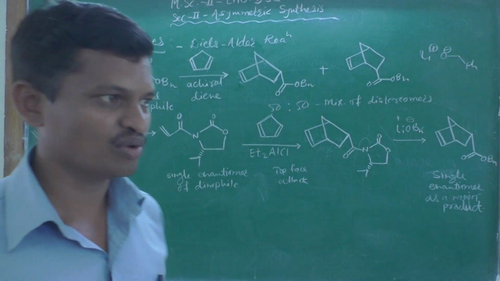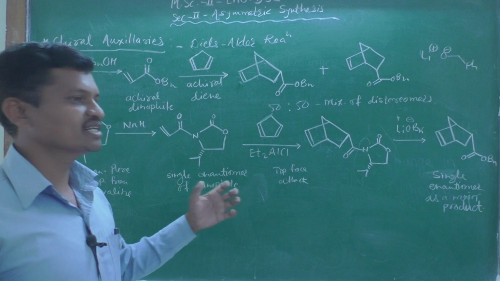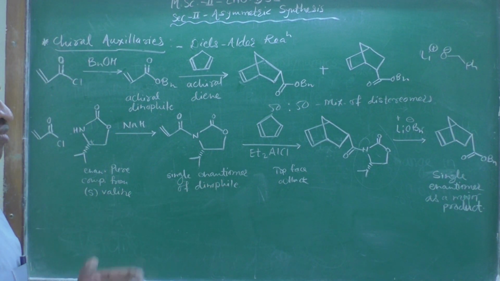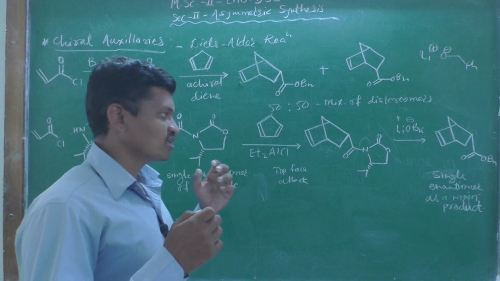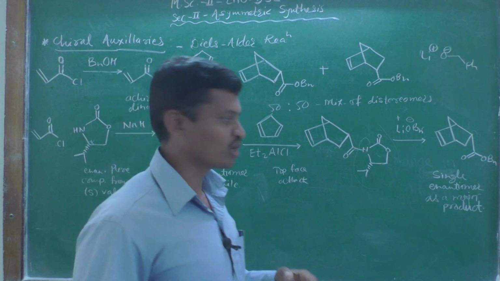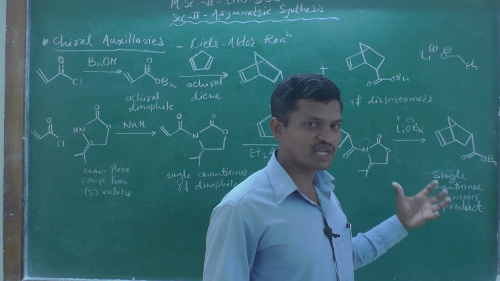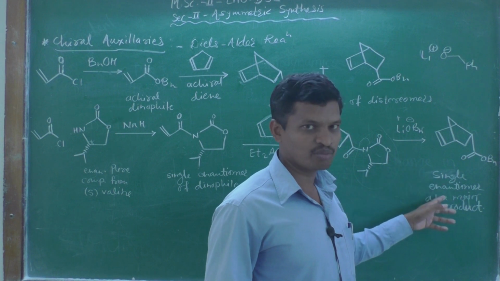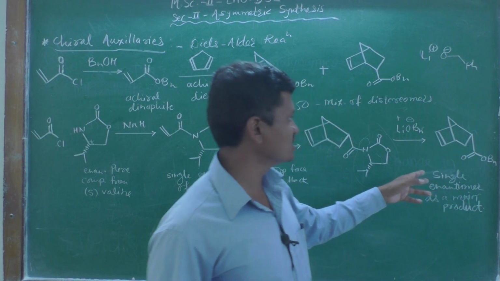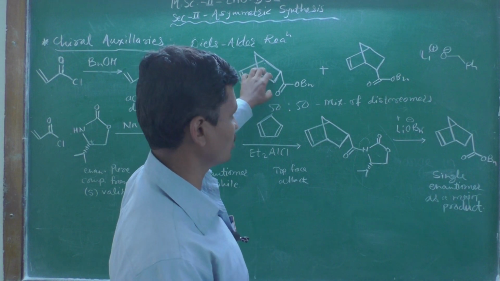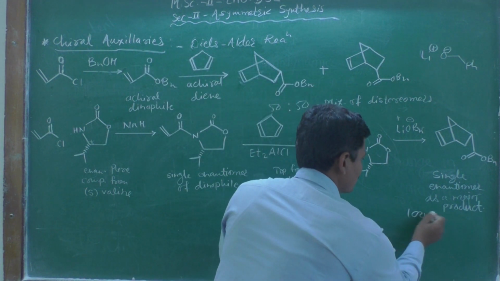So this is the strategy that we apply for the synthesis of an enantiomerically pure, single enantiomer product. We are getting only this type of product. It is 100% pure.